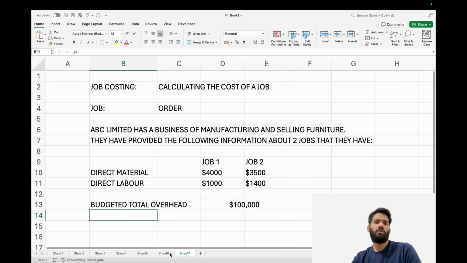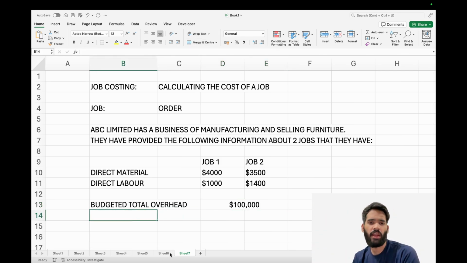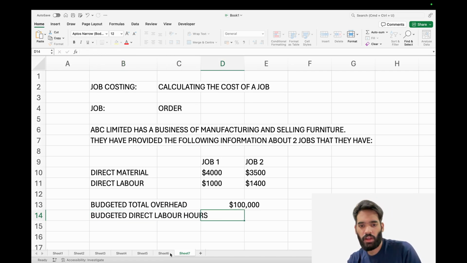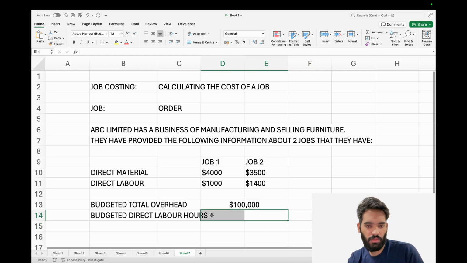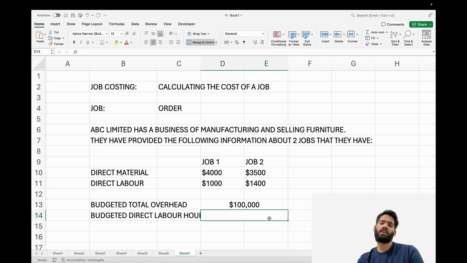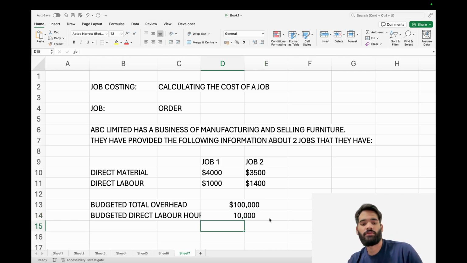And let's say they use labor hours as the allocation base, so budgeted direct labor hours. They were thinking in total this year they will use 10,000 direct labor hours.